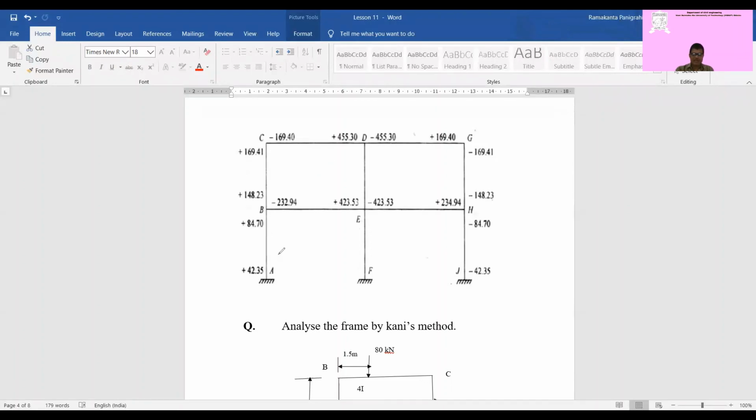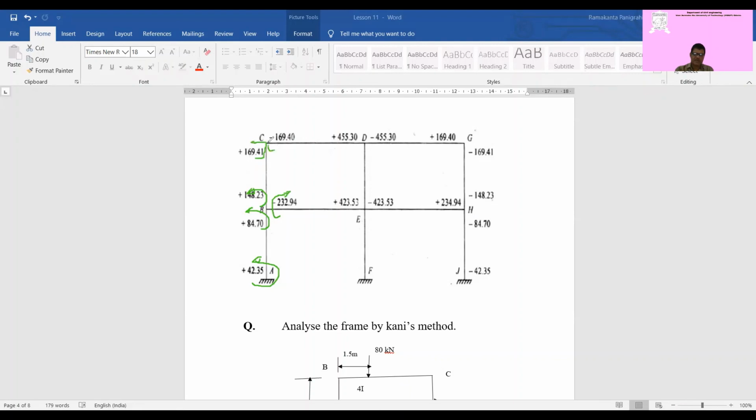It is plus 42.35 means this will be clockwise, and this will also be clockwise. So, this moment will act clockwise here. This moment will act clockwise here. This moment will act anti-clockwise here. Minus. And here it is again plus, means it will act clockwise here. And here it is also clockwise.